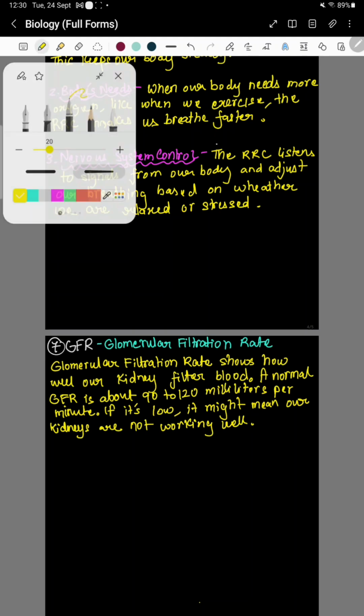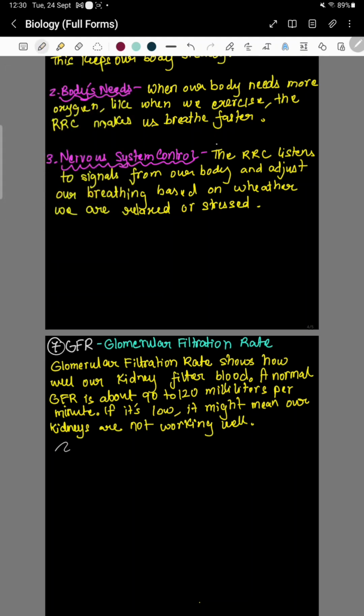Next, number 8, JGA. JGA stands for juxtaglomerular apparatus.